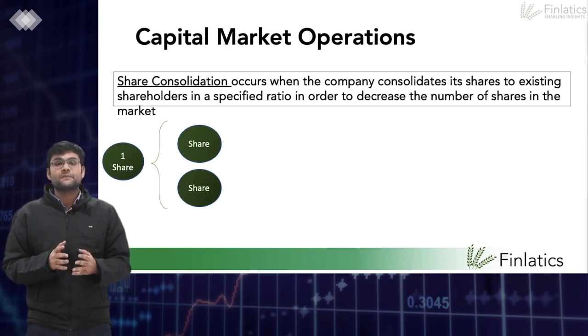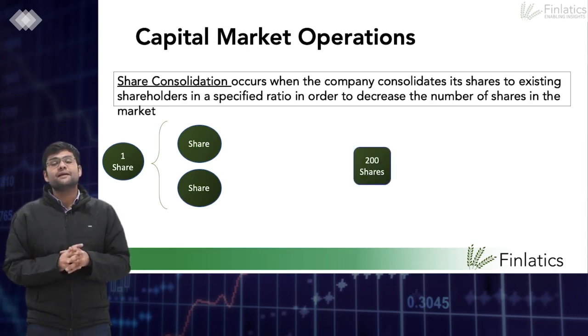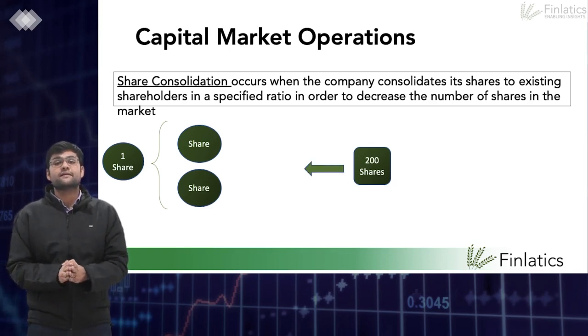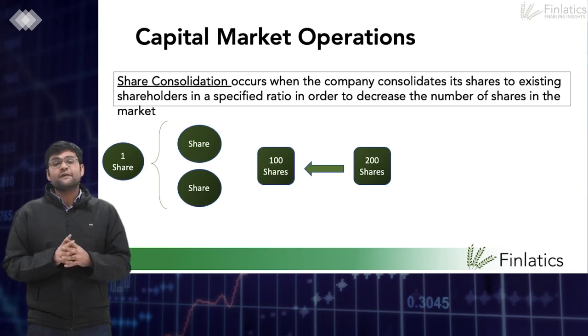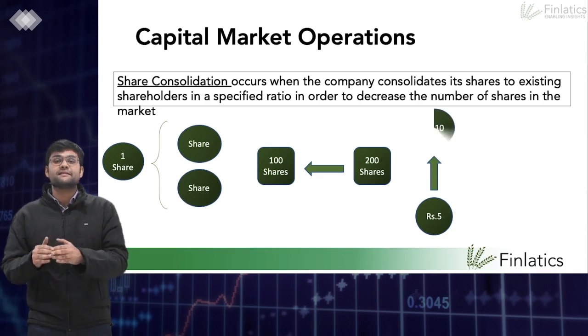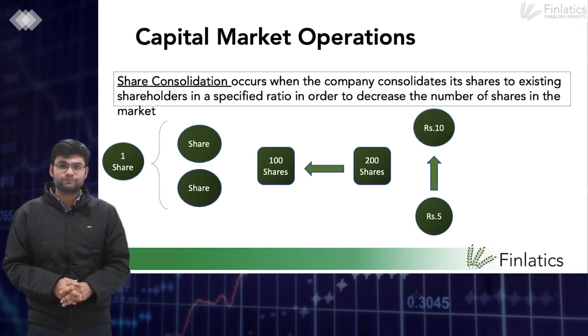For example, if you held 200 shares of a company pre-consolidation, you would be holding 100 shares of that company post-consolidation. If the face value of each share was rupees 5 pre-consolidation, the face value of each share would be rupees 10 post-consolidation.